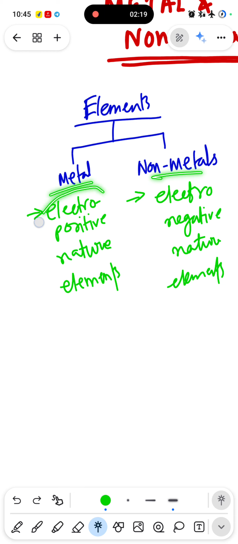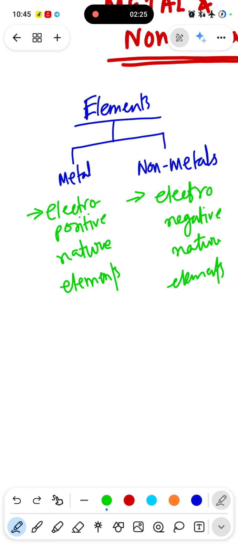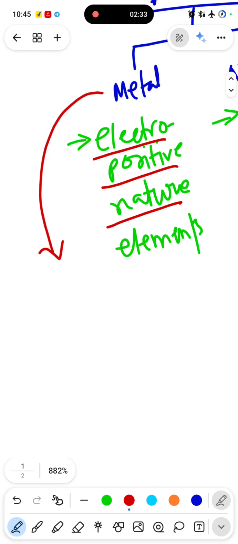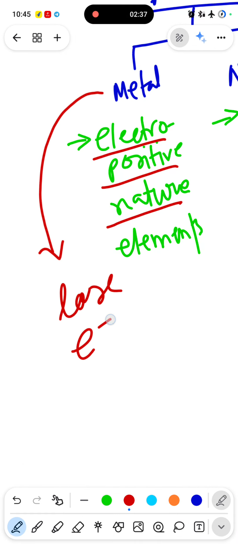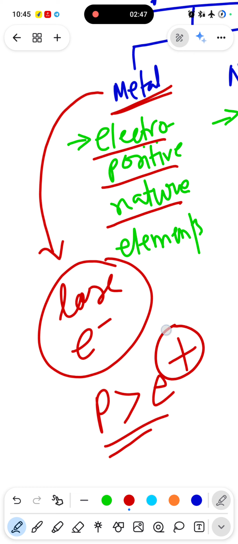Metals are basically electropositive elements, whereas non-metals are electronegative elements. Now what does electropositive nature mean, and what does electronegative nature mean? Basically, a metal has a tendency to lose electrons, and if an element loses electrons, then the proton number will be greater than the electron number, and hence it will gain a positive charge.